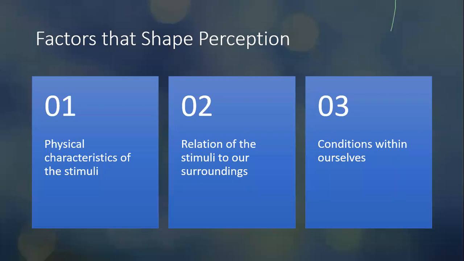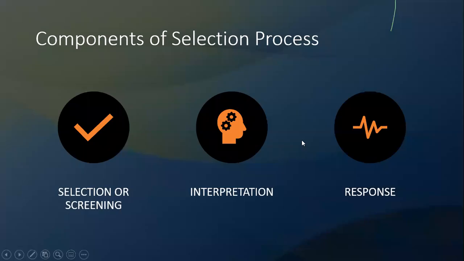If you are in a situation where you are scared and all of a sudden you hear a loud bang, you are going to think that the bang may be something dangerous. Meanwhile, it may not be. So the condition that you find yourself in will, to a large extent, also shape your perception.